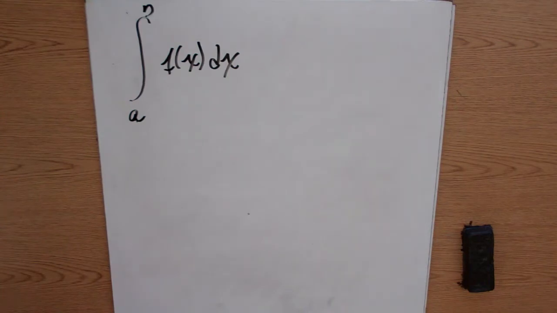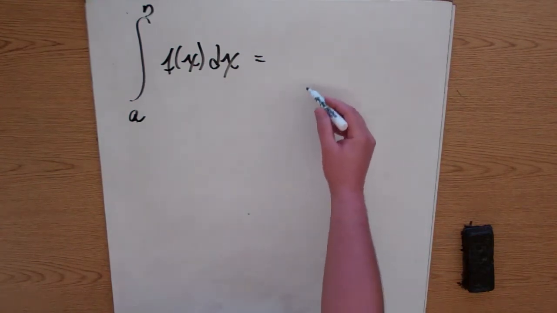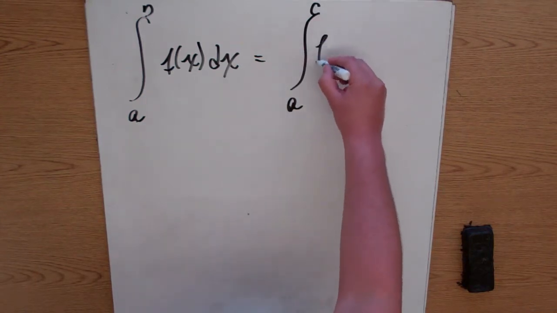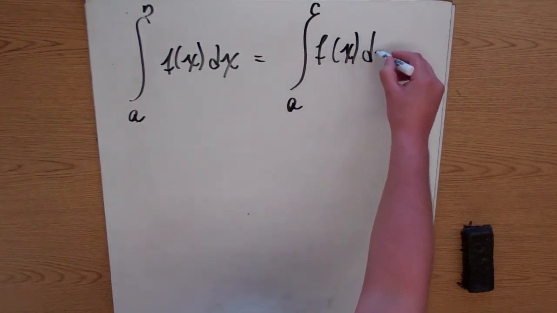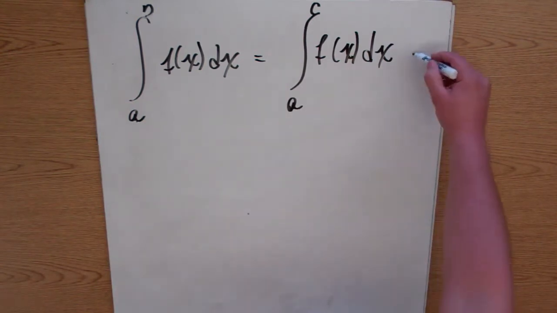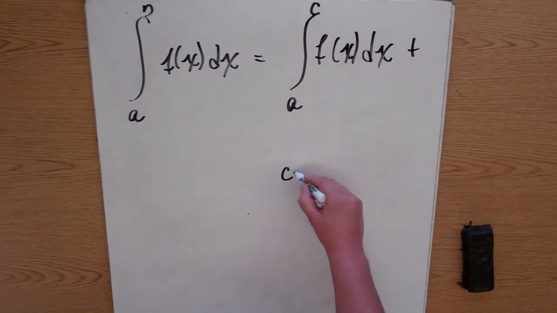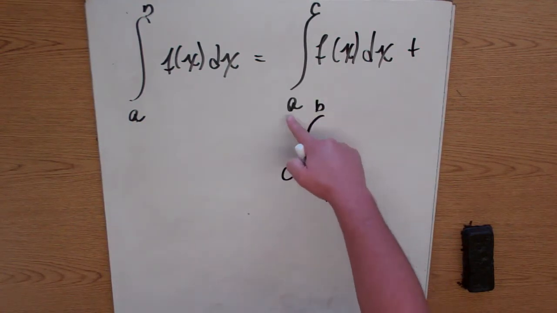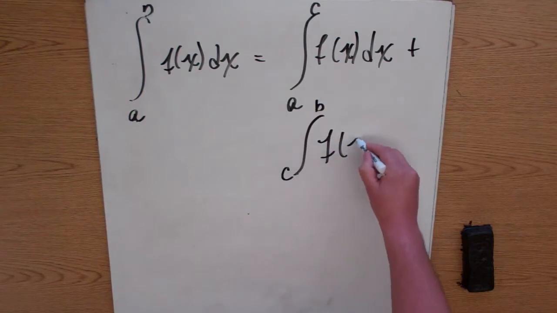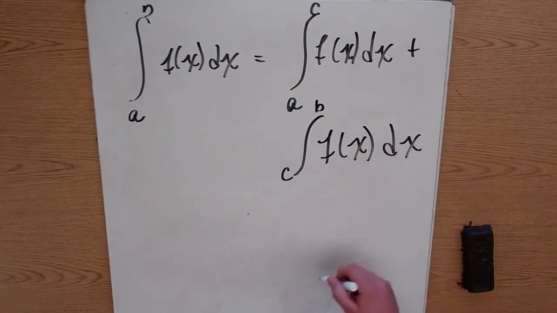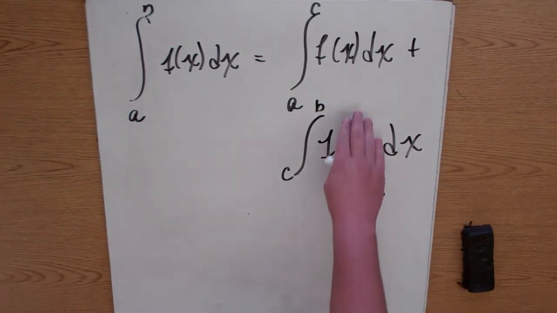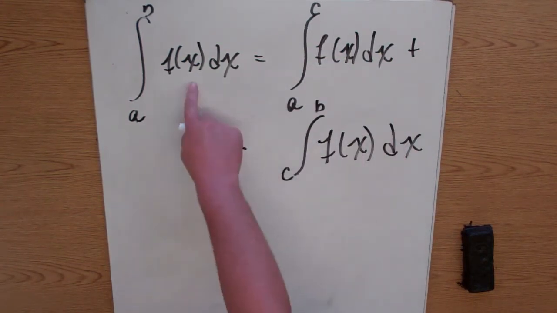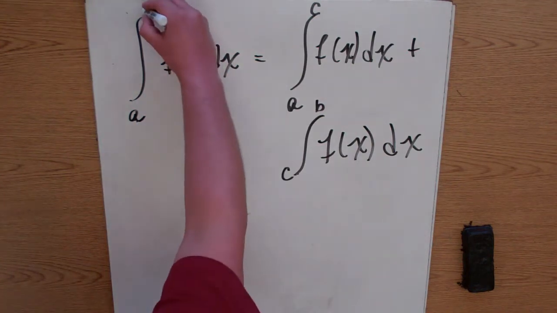If we picked a number between a and b, let's call it c, and we integrated from a to c, and then added the integral starting at c and finishing up at b, so now we've gone the whole distance from a to b. If we broke this up into two different subintervals, a to c and then from c to b, the sum of these two is going to equal the integral from a to b.